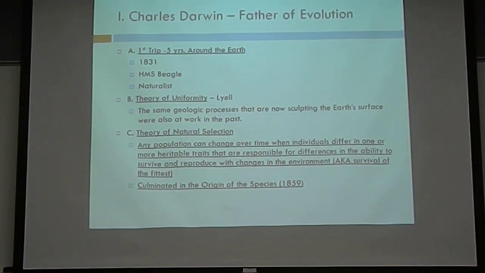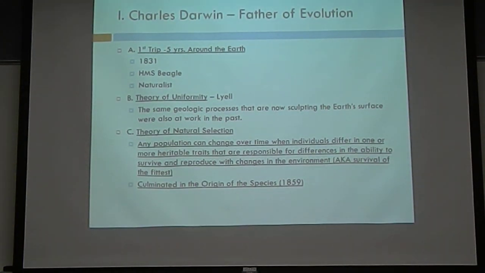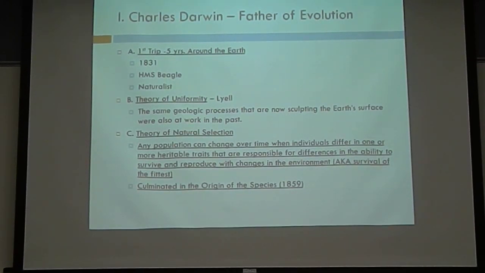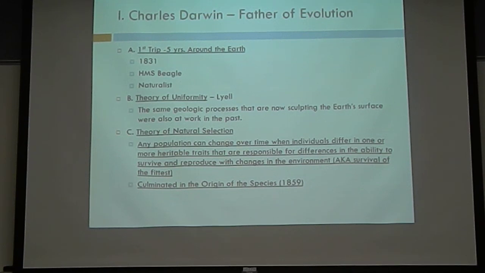A little bit about Charles Darwin. He's known as the father of evolution, and he was a theological student in the Episcopal Church in England. He was going to be a priest in the Anglican Church.